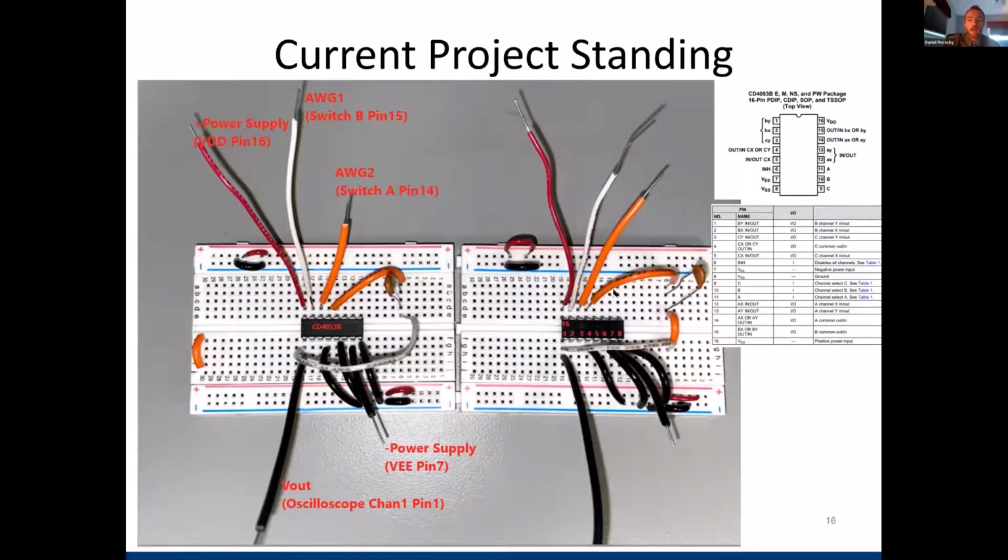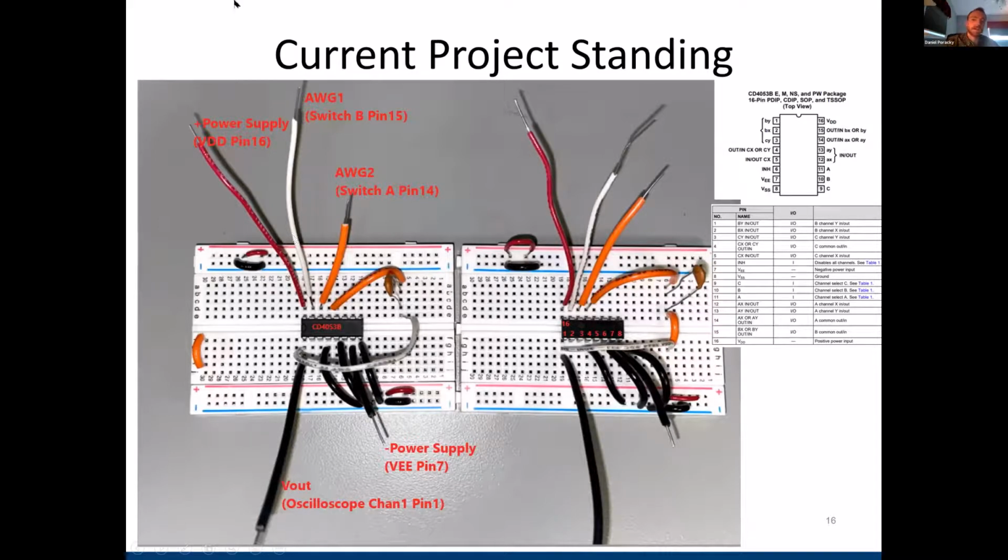Here I just have, I haven't tested this yet, a little breadboard circuit of the switch capacitor. Here I have it labeled CD4053B just for ease on the eyes. The pin setup 1, 2, 3, 4, 5, 6, 7, 8, snaking to 9 to 16. And you have these black wires on the bottom that I mentioned before that I have grounded, these pin inputs, such as the ground for the chip, and then the C switch, which I have grounded because I'm not using it.